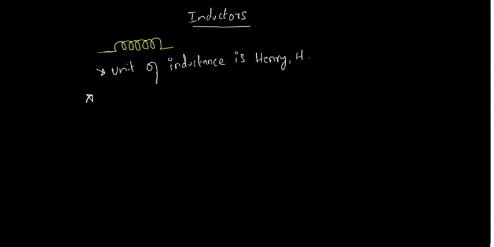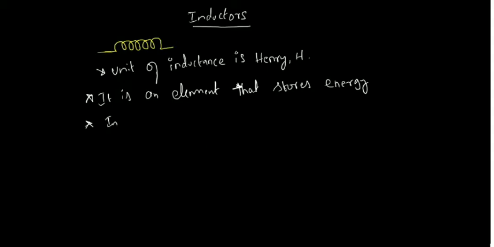Again, going back to what I said already: it's an element, a component of the electrical circuit, and it stores energy in the form of a magnetic field. The unique feature of inductance is that its presence is felt only when there is a change in current, or the current is changing periodically.